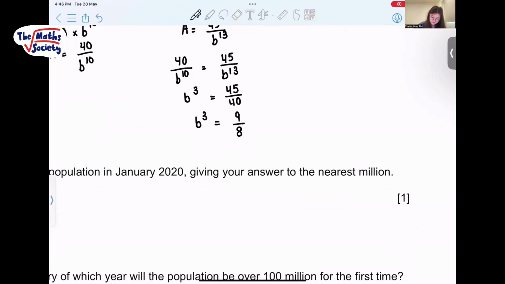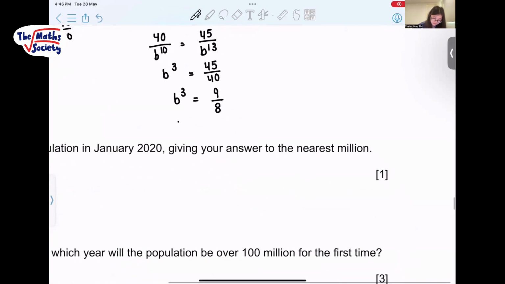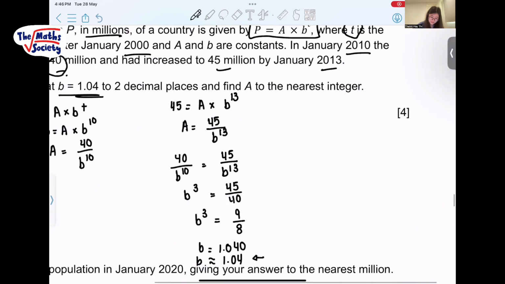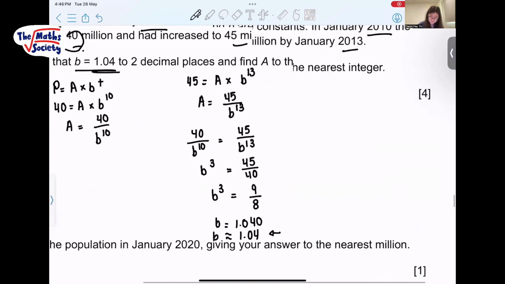So instead of B cubed, B is just going to be the cube root, and it's basically 1.04. You have to give it in 2 decimal places, right? So it's 1.04. So we've already shown that B is equal to 1.04.